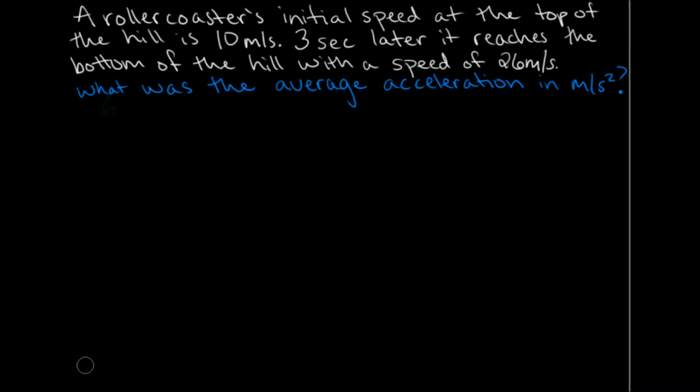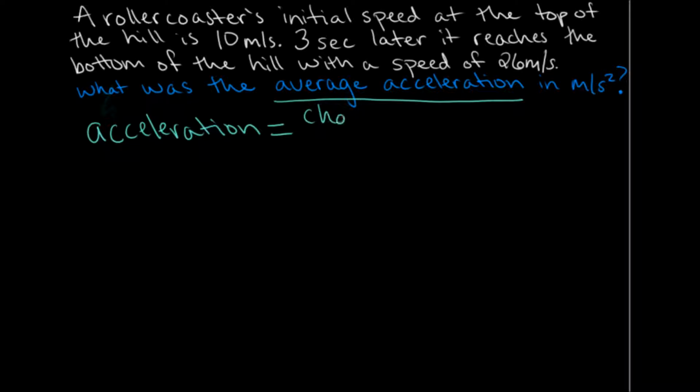So the first thing that I'm going to do is underline what they're asking me. They're asking for average acceleration. So I'm going to write that equation down now, which is acceleration equals the change in velocity divided by time.